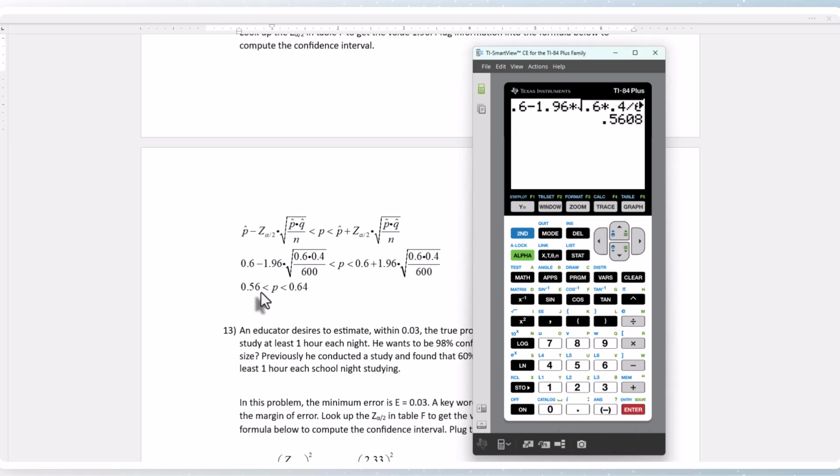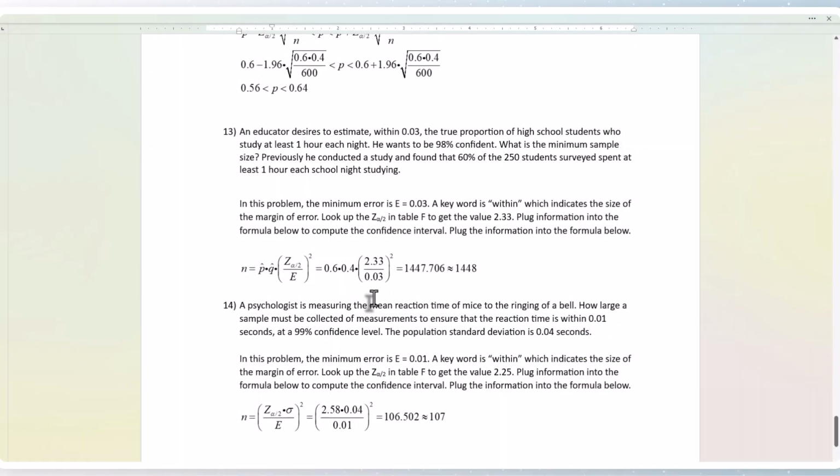We could round to 0.56. Select the original equation, and all we have to do to calculate the right side is change the minus to a plus. Enter. Round to 0.64.